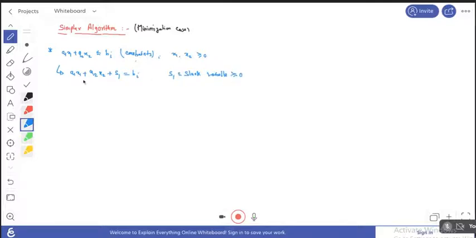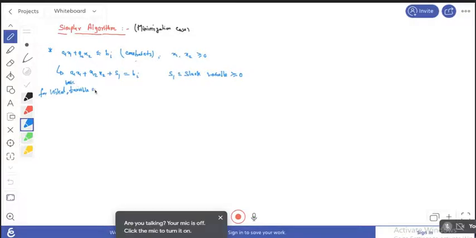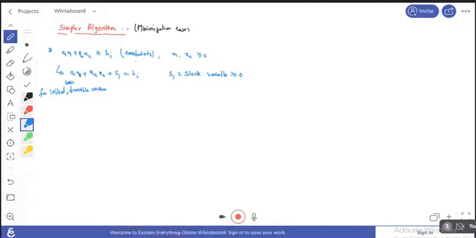So for the initial basic feasible solution, if we put x1 and x2 equal to 0, we get s1 equal to bi.